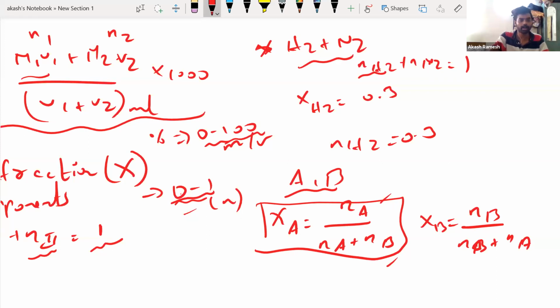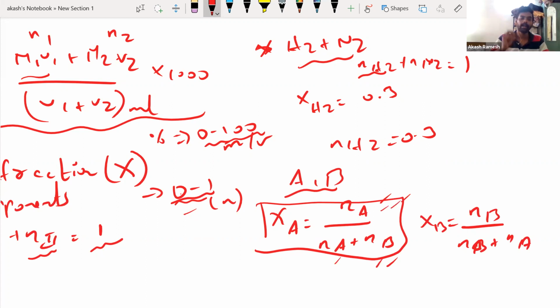I hope you understand the correlation between mass percentage and mole fraction. The same thing: mass of the solute divided by mass of the solution, solute plus solvent, into 100. Here we take number of moles of solute divided by number of moles of total solution, that is number of moles of solute plus number of moles of solvent. And I didn't put 100 here. That is the only difference.